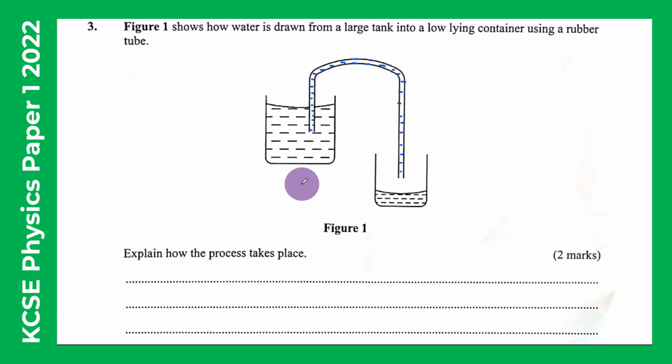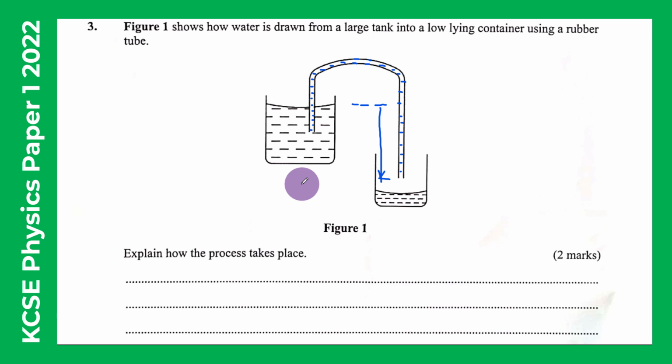We can do that by reducing the pressure in this tube so that it is lower than atmospheric pressure by sucking at this end. So when we suck at this end, the pressure inside the tube is going to be lower than atmospheric pressure, and the atmospheric pressure is going to push that liquid into that piping. Now the open end, this other end here, must be lower than this surface of the water.